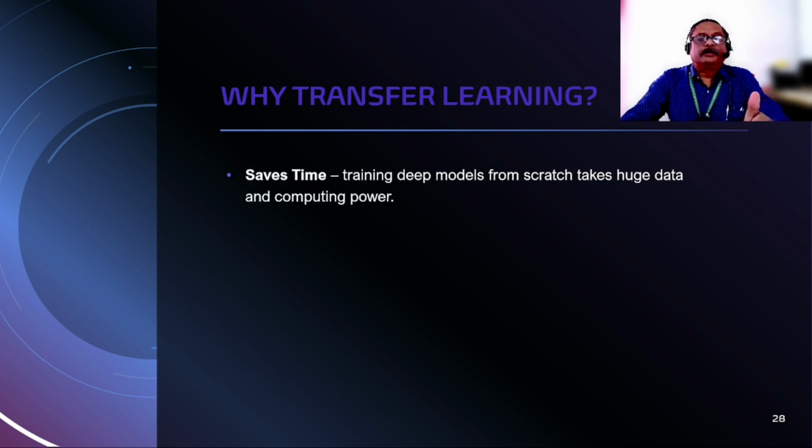So what is the need for transfer learning? It saves a lot of time. Training deep models from scratch takes huge data and too much computing power. As I said, if this is done by a bigger company like Google or Meta, they have big infrastructure, a big workforce, they can collect huge data and have a lot of computing facilities, so they can use months together to train it. But that's not possible for every individual. So make use of that available model instead of starting from scratch.